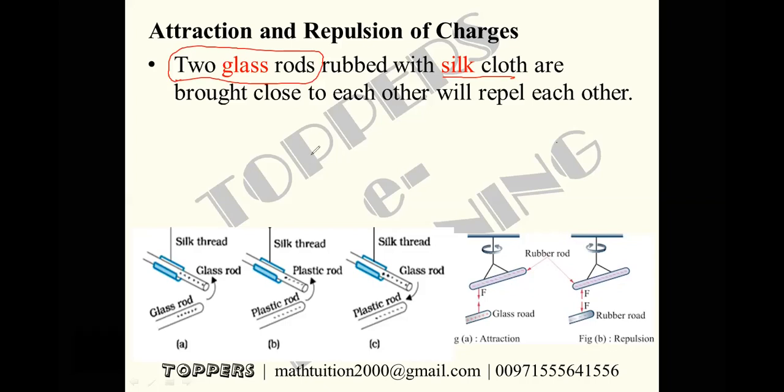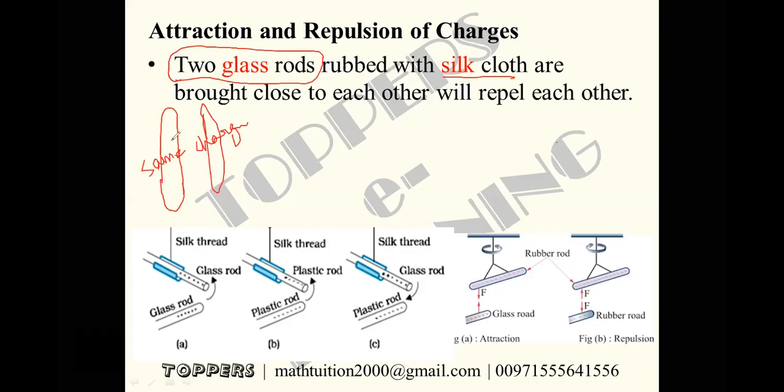Two glass rods, same material, right? It is rubbed with silk cloth. So both will get same charges. This and this are getting same charges, because they are both same material glass rods.